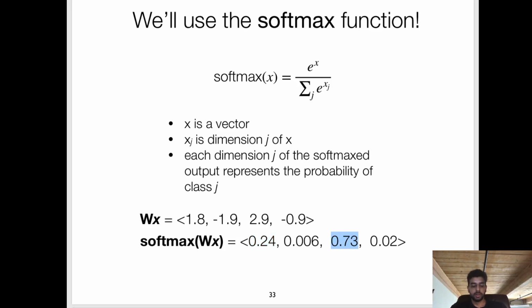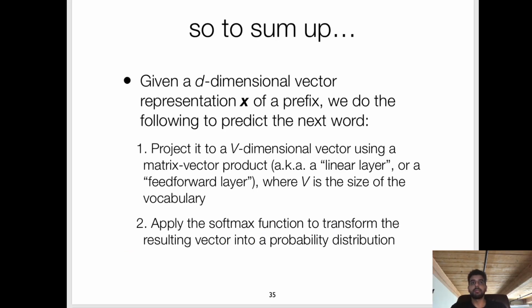All right, so we were working our way backwards. So this is actually the last step of neural language modeling, how we go from a vectorized representation of our prefix to a prediction of the conditional probability distribution of the next word.